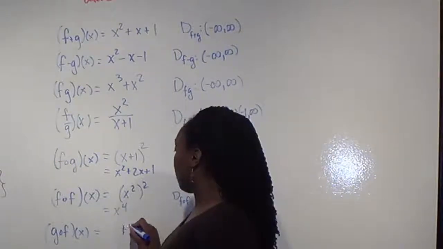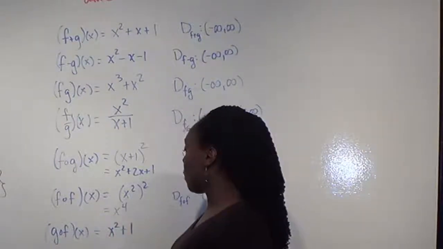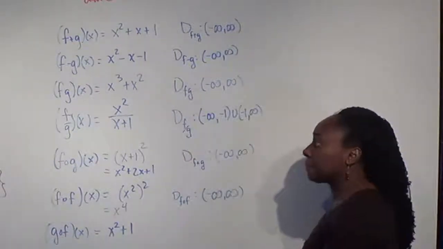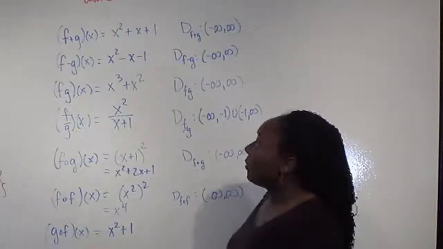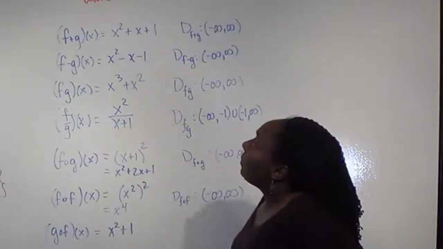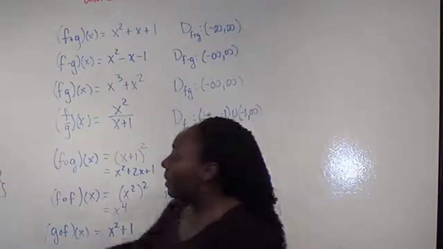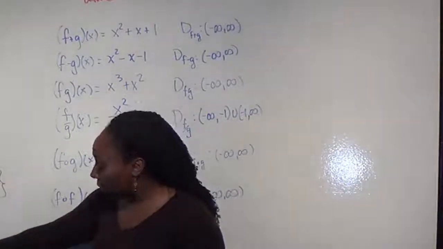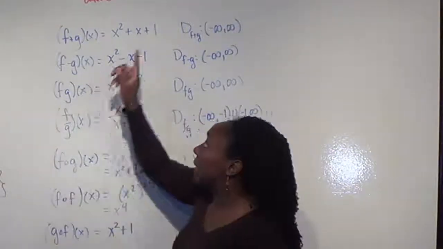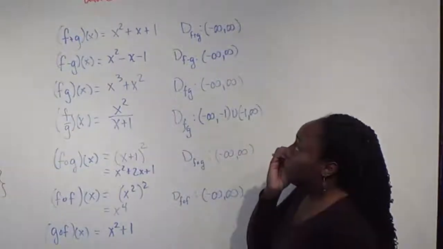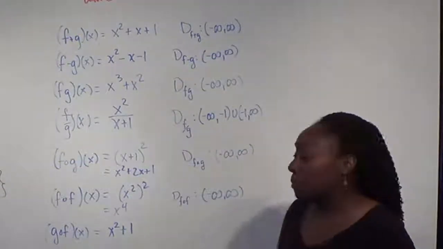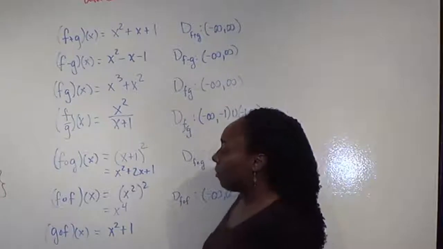So in the x plus 1, I'm putting in x squared for the x. Okay, domain here. Well, now I want the x's in the domain of f, which means all the x's in R. So anything can be put in and be squared. So my domain there is all real numbers.